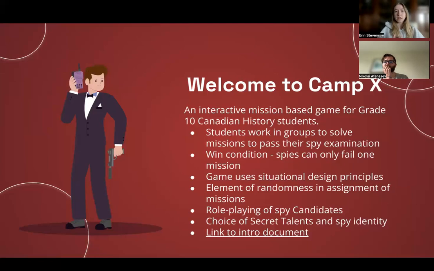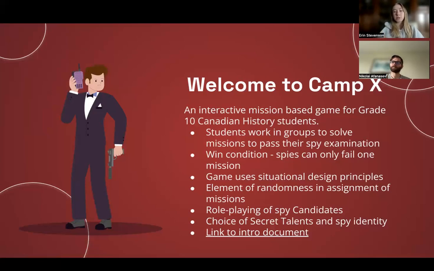To start the game off, the teacher will split everyone in the class into small groups of about 4, and each group will have to create their own spy. This is the spy that they will be playing as. It's a role-playing game where they put themselves in the shoes of a spy trying to graduate from Camp X. The teacher will announce that each group will have different missions and be different spies.